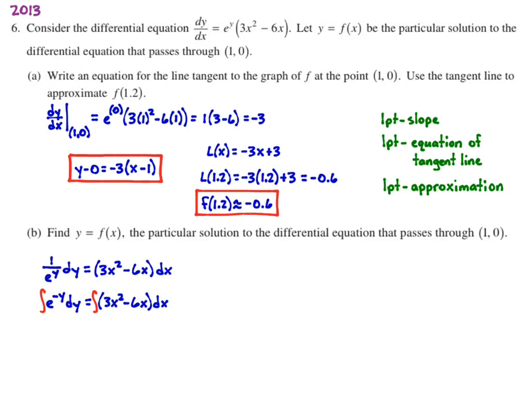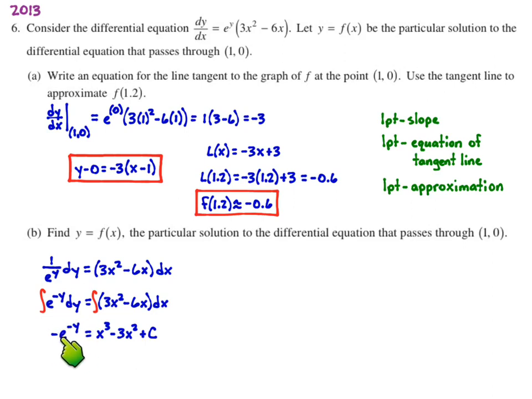Now the antiderivative of e to the negative y, well, we know it's going to have e to the negative y in it, and then because there's a coefficient on the inside part of that function, we're going to divide it by that coefficient, so we're going to divide it by negative 1. And ultimately we get negative e to the negative y.